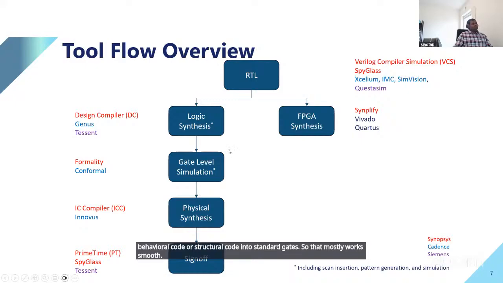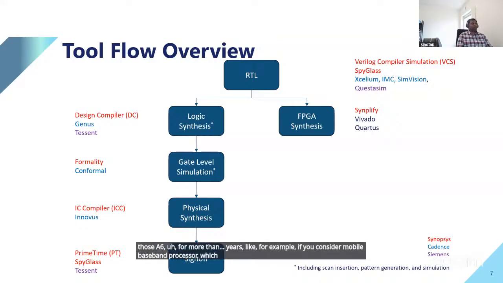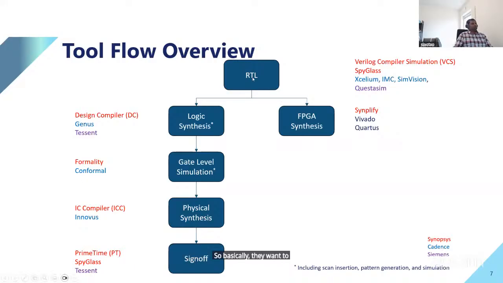Sometimes people cannot run all test cases, or people are still paranoid about the synthesis tool and want to check. Basically, the companies which build very specialized ASICs and keep them for many years, for example a mobile baseband processor, where they work incrementally on only one chip, want to verify that this RTL is exactly the same as this synthesized netlist.